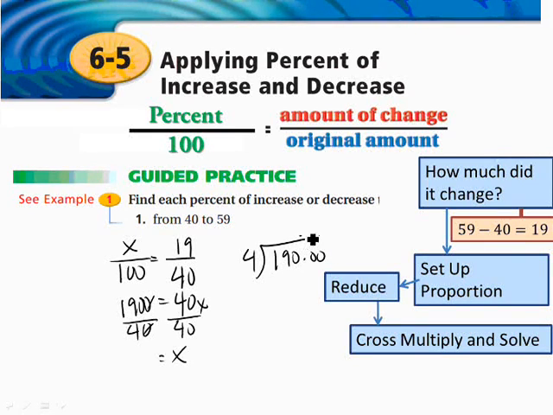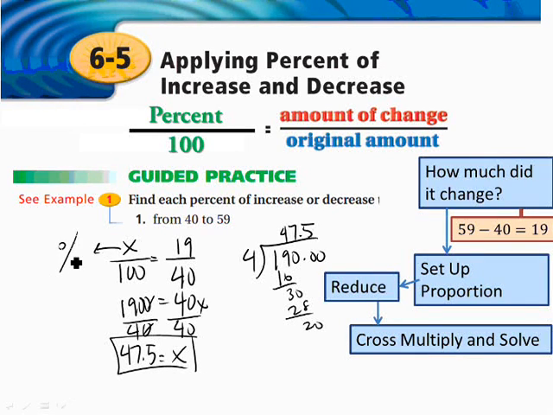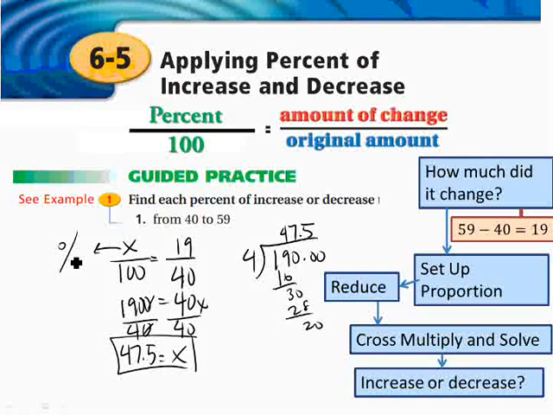Do not use a calculator. There we have it. 47.5. Remember, this is a percent, so it is an increase from 40 to 59 of 47.5%.